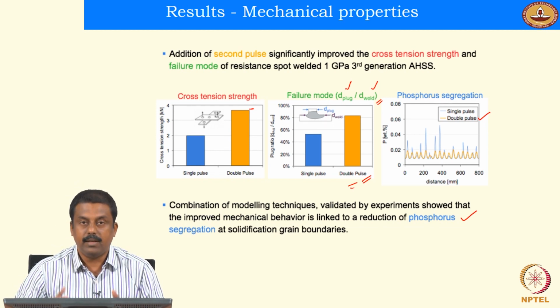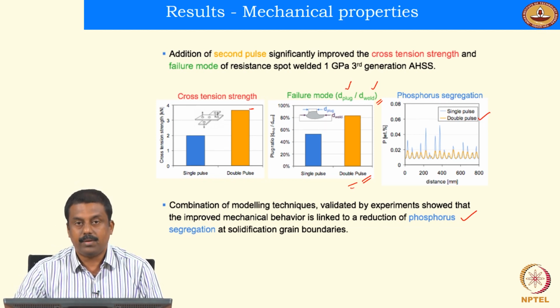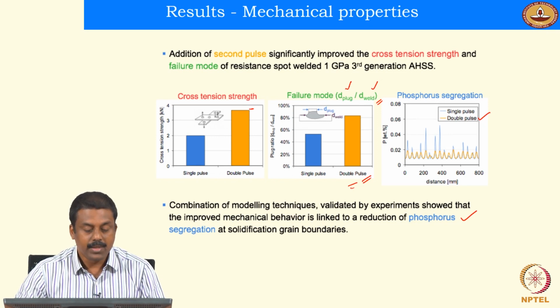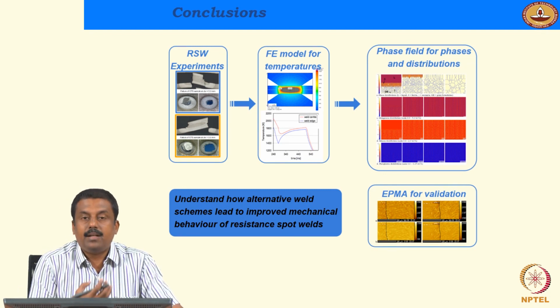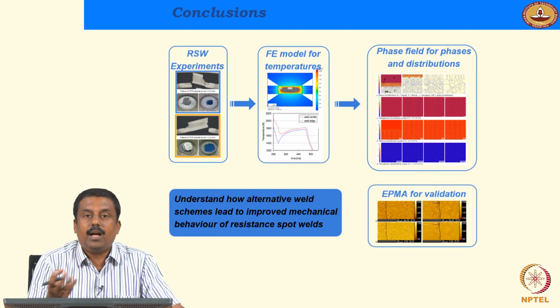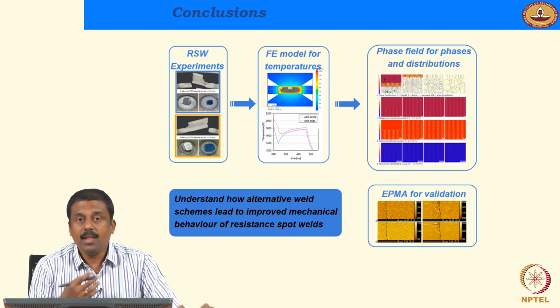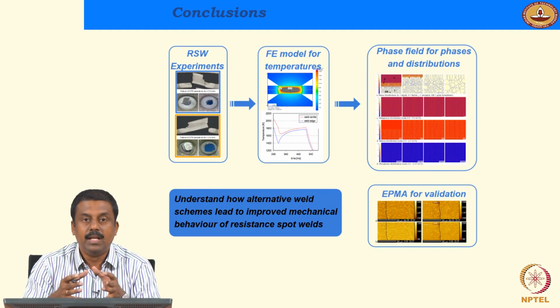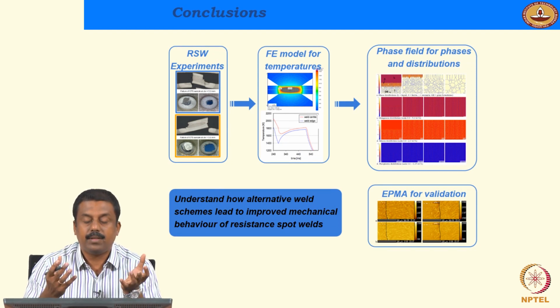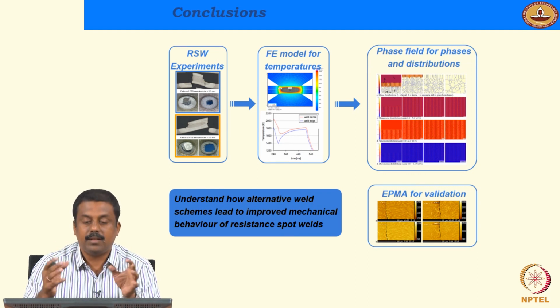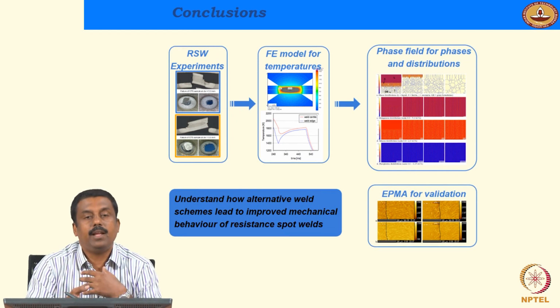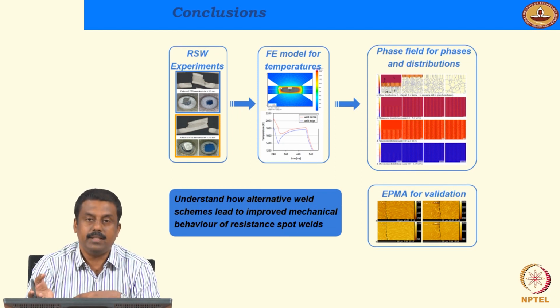By carefully manipulating the weld thermal cycle, we can still improve the mechanical properties of advanced iron steels. That's the lesson I want to give you, and this understanding is possible mainly because of the calculations and the understanding of the elemental behavior during welding. So it's very important to understand the physics behind the process, how the segregation happens during solidification, and once you understand the fundamentals, what I explained in this lecture very clearly, we can improve the mechanical properties of these welds either by modifying the alloying elements or by changing the weld thermal cycle.